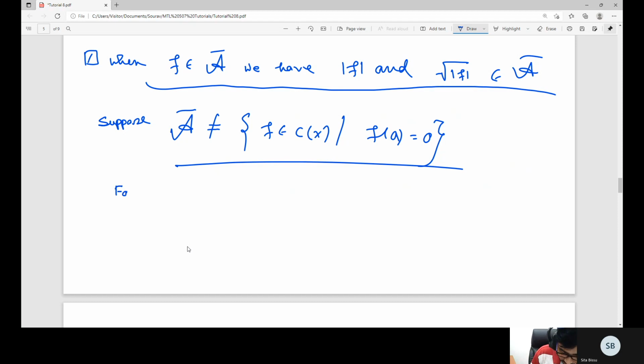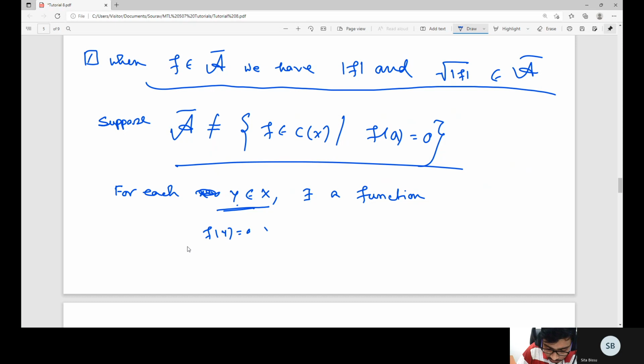You can say for each y belongs to X, if there is some y such that f(y) equal to 0 for all f, then the closure would be of that form, but this is not the case. So there exists a function f belongs to the closure such that f(y) is not equal to 0.